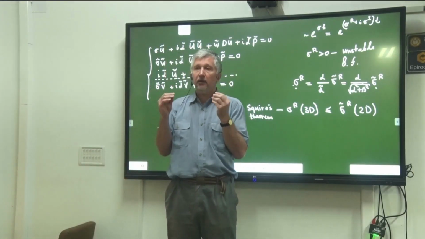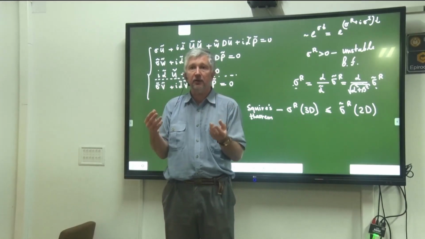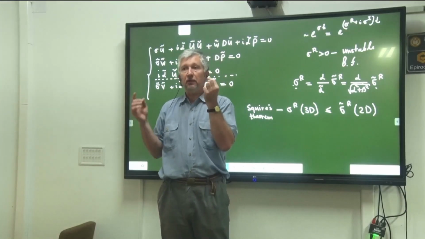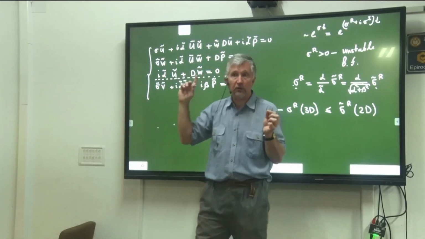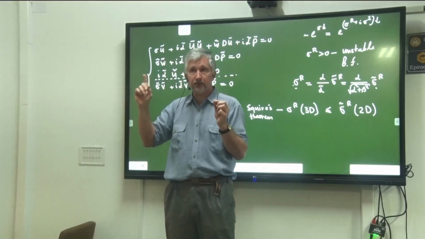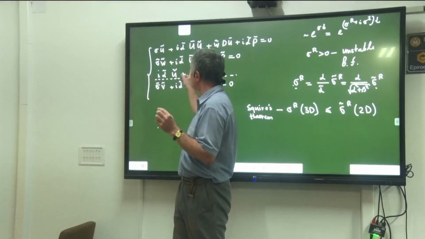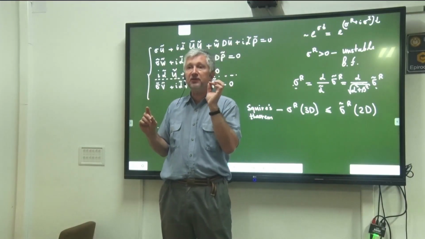Therefore, what we will rely on is using the stream function, knowing that it does two things. First, it gets rid of one of the equations at the expense of introducing higher derivatives. And the second thing, it will define streamlines.